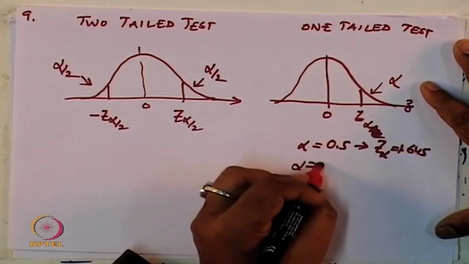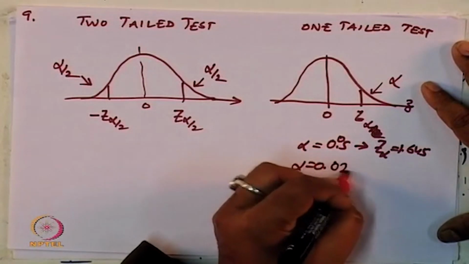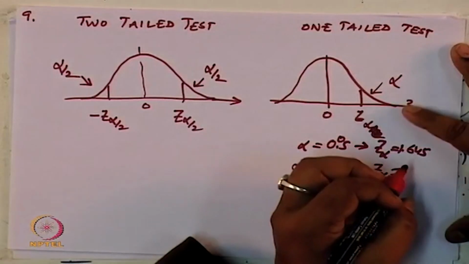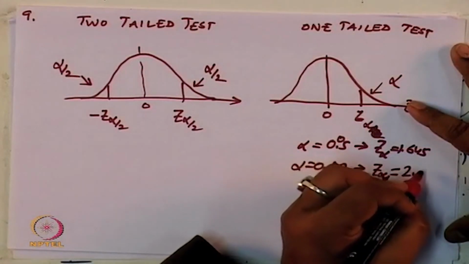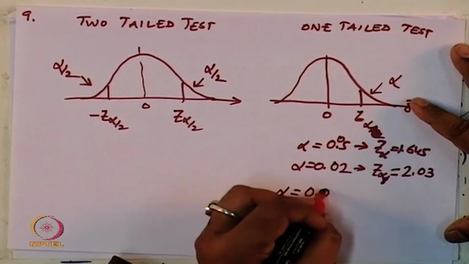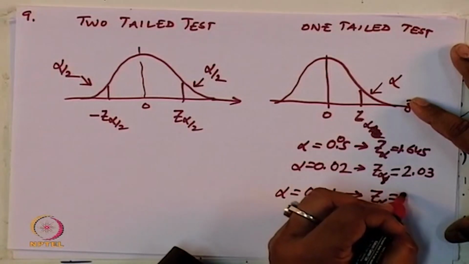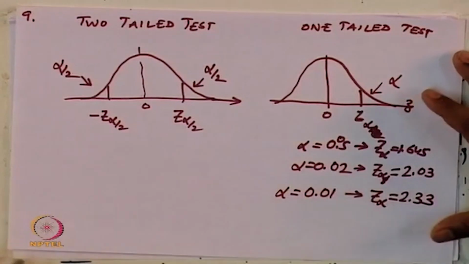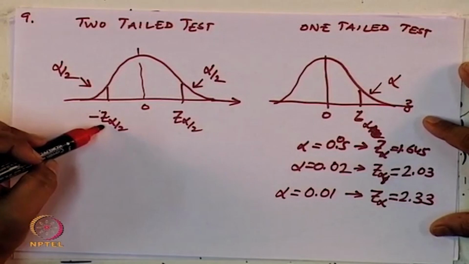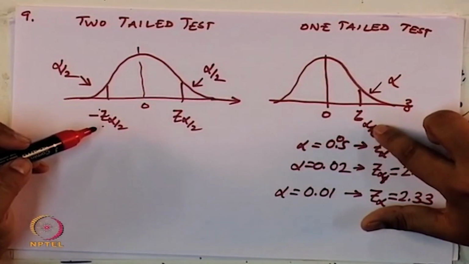For alpha equal to 0.02, I get Z of alpha equal to 2.03, and for alpha equal to 0.01, I get Z of alpha equal to 2.33. These values for a two-tail test I refer to as Z of alpha by 2. For a single one-tail test, you only represent it by Z of alpha.